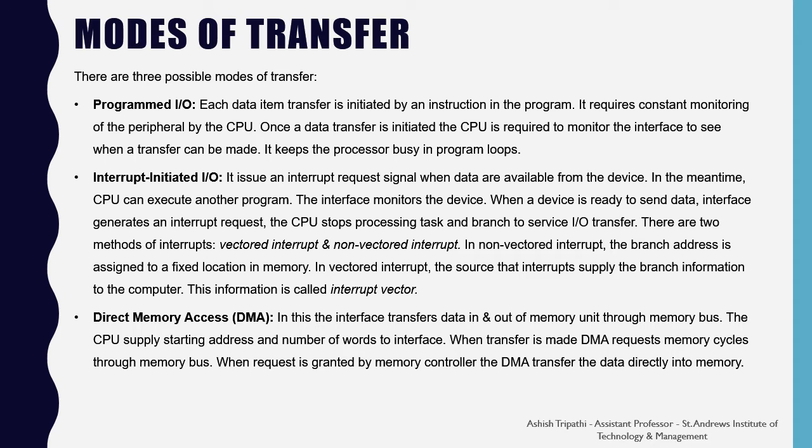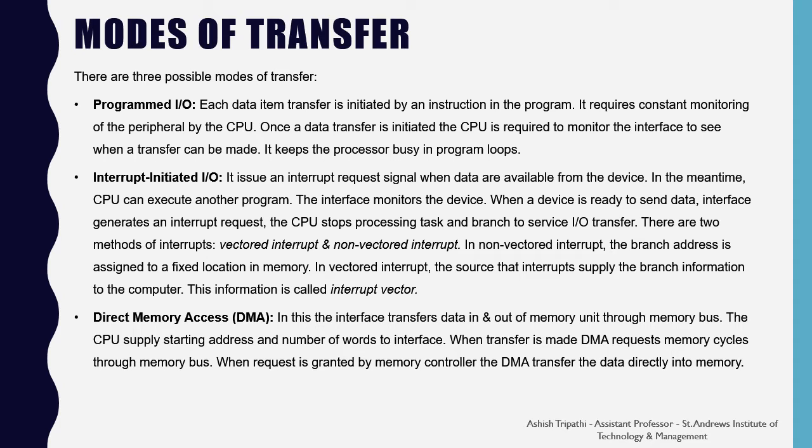Then the CPU takes control from the normal execution to the input-output execution. It performs the input-output and then goes back to the normal execution. In this way, the CPU is kept busy in some other task. Hence, it increases the performance.